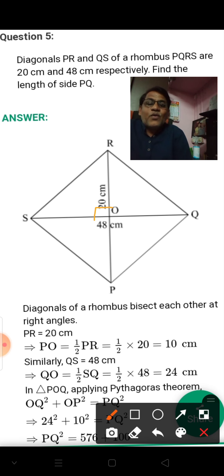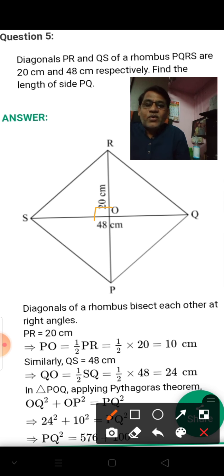Therefore PO is equal to half of PR, which is half of 20, that is 10 centimeter. Similarly QS is equal to 48 centimeter. It means QO is half of SQ, which is half of 48, that is 24 centimeter.